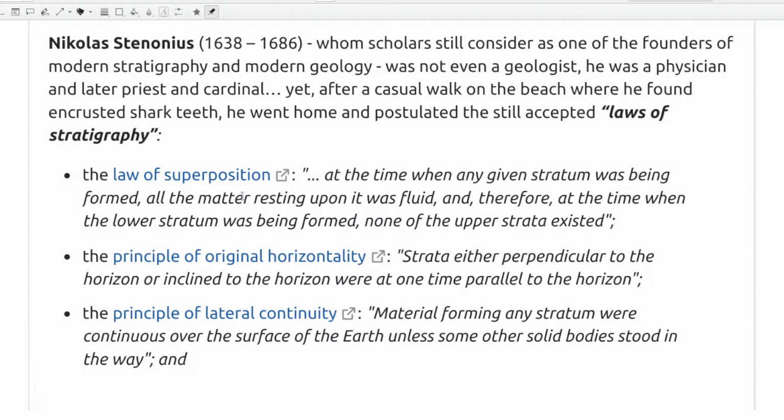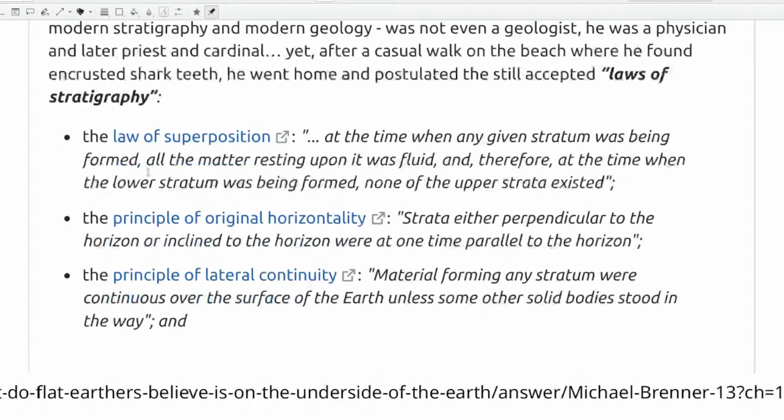Then there's the law of original horizontality. Strata either perpendicular to the horizon or inclined to the horizon were at one time parallel to the horizon. And then there's the principle of lateral continuity. Material forming any stratum were continuous over the surface of the earth unless some other solid body stood in the way.